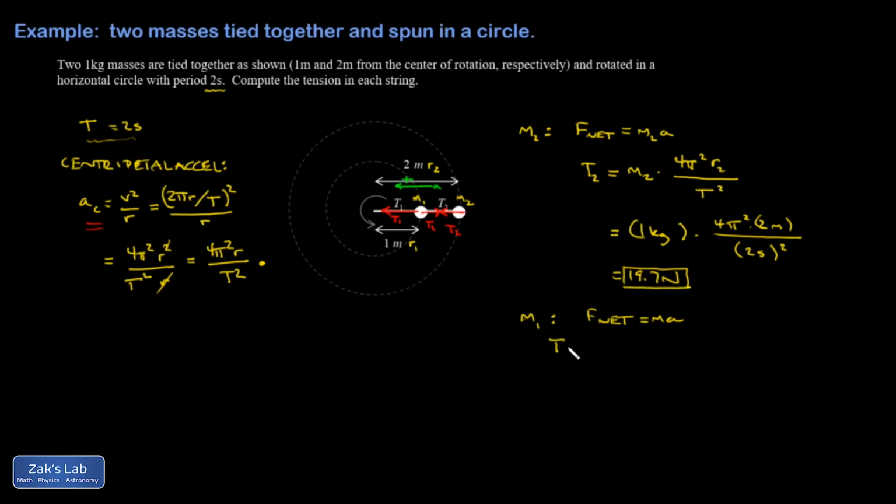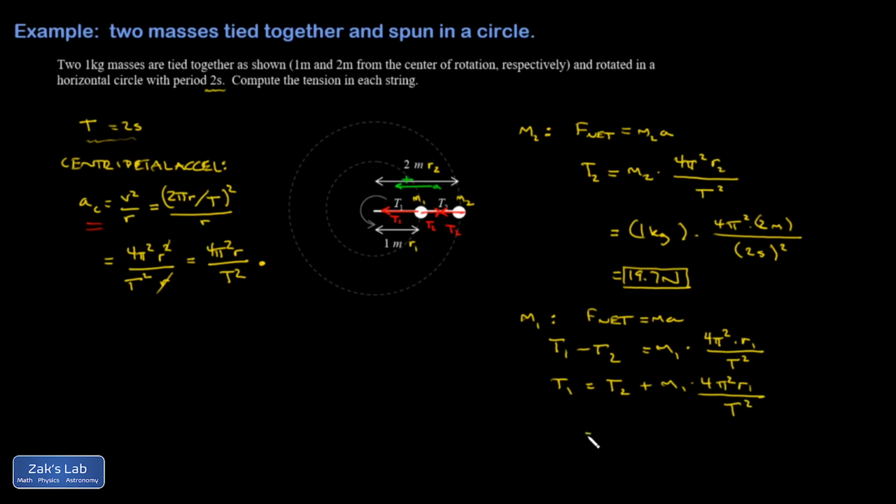So I have T1 minus T2 equal to m1 times the acceleration, which is 4 pi squared times r1 over T squared. And so T1, if I solve it symbolically, is T2 plus m1 times 4 pi squared r1 over T squared.